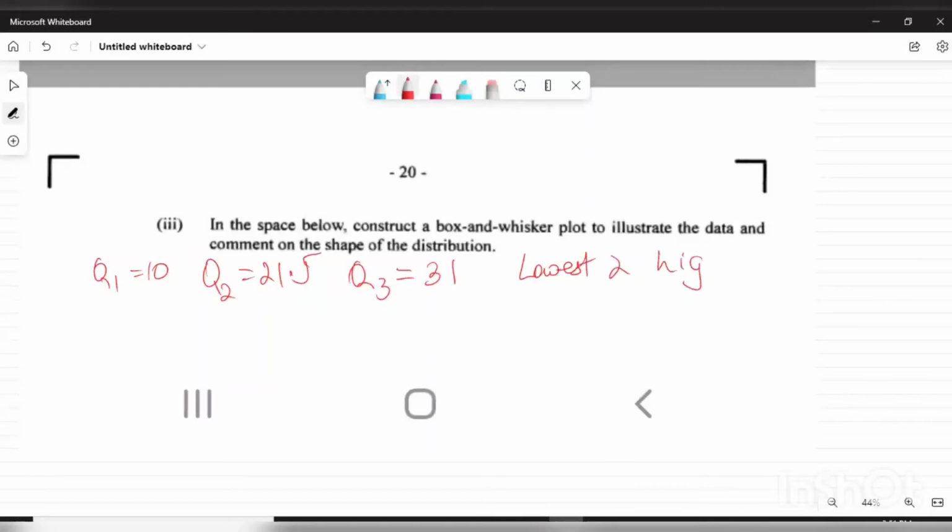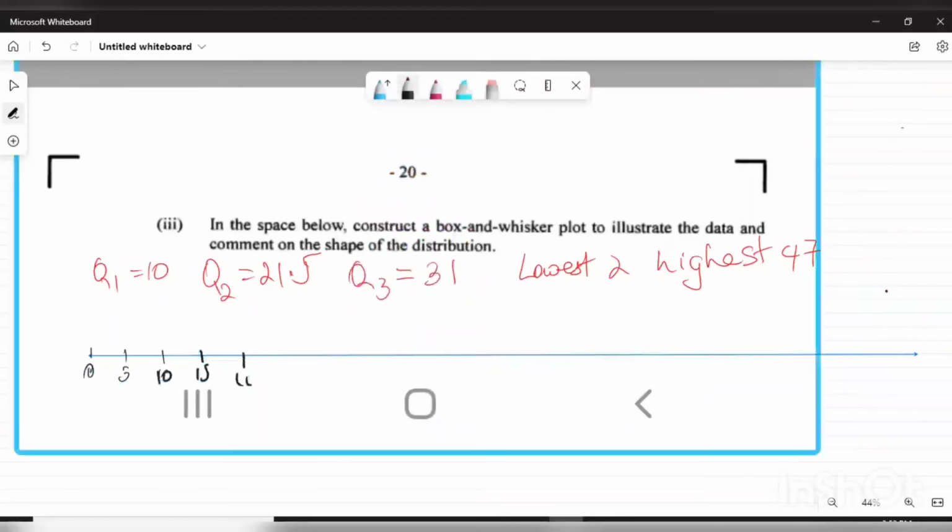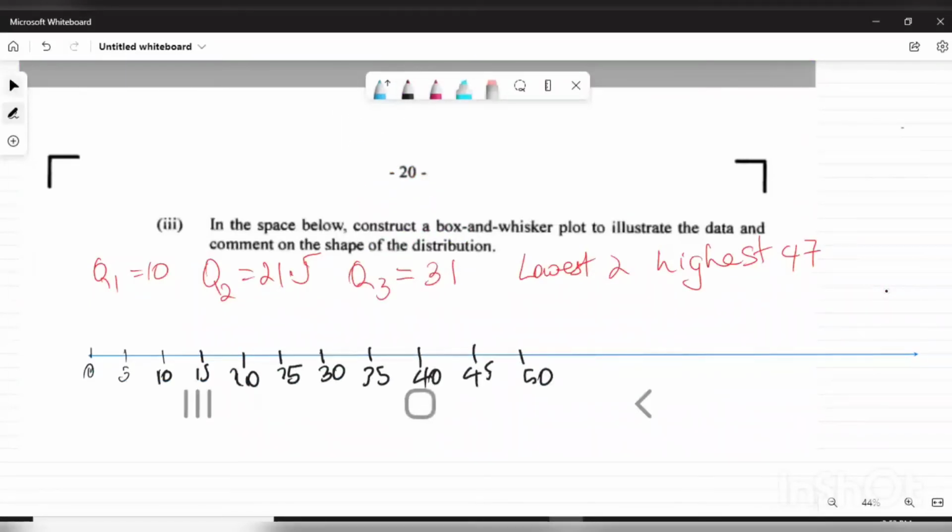We need the highest, which is 47. You're always going to need all of these to do the box and whisker. So we could drop a number line, and then based on the numbers, we're just going to go by 5 until we reach 50, because we go all the way up to 47. You can represent these numbers on it.